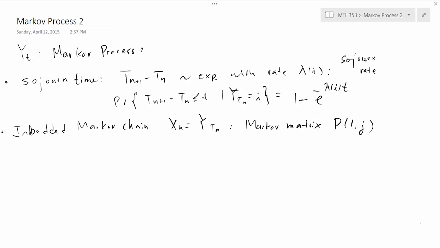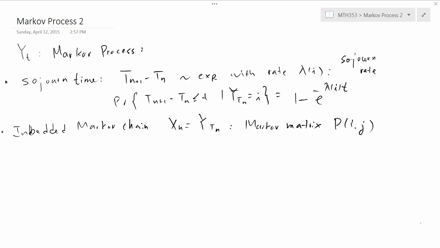Okay, now let's look at the main computations we want to do with the Markov process. Recall that for the Markov process we are studying, two things completely characterize the process. The first is that the sojourn time obeys an exponential distribution.